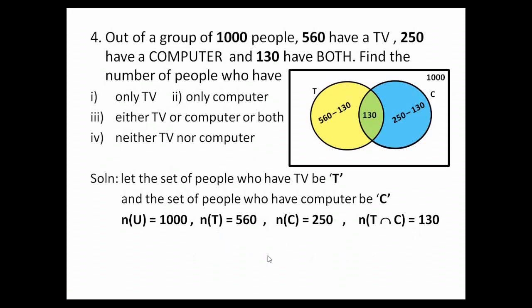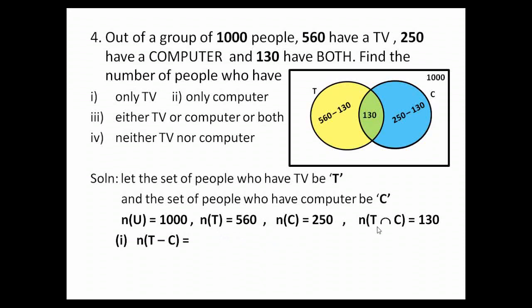Now we can use the cardinal properties to find out the number of people who are using only TV. That will be 560 minus 130. The elements that are present only in T, it means T minus C we have to find out. So we can say N(T minus C) is equal to the entire T minus the intersection part, that is 130.